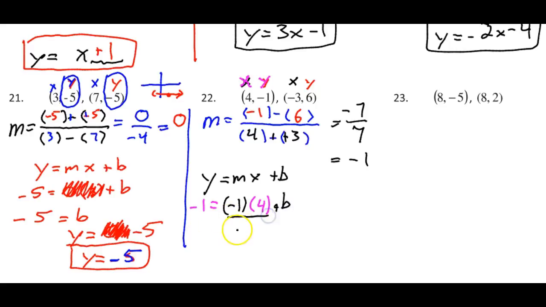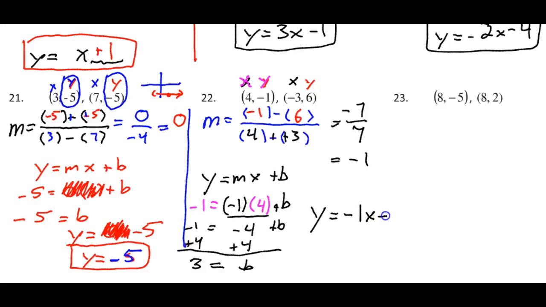We have -1 times 4, -4, and add 4 to both sides. 4 minus 1 is 3. So final equation, -1x plus 3. But again, we never really put the -1. We just write it as -x. -x plus 3. Final answer.